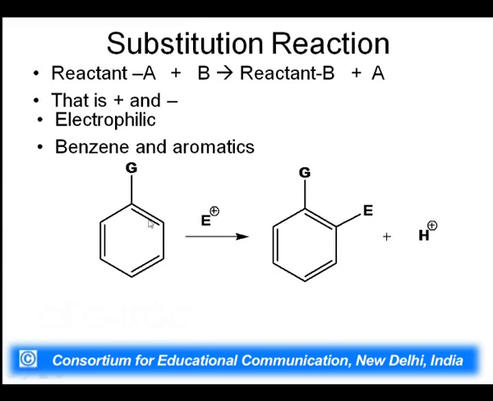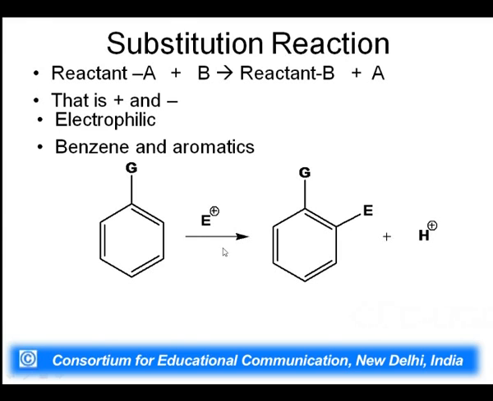This E plus is attracted to the double bond, and the double bond electrons will move towards the E plus according to the curly arrow rules, and the H plus of this carbon goes out. So again, when E plus is going into the system, H plus is going out.